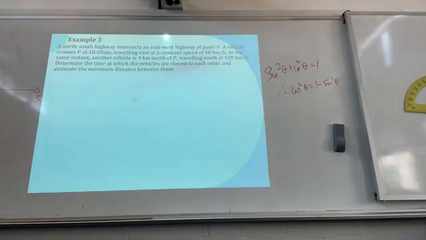So why does it say estimate the minimum distance? Because you're not getting the exact value, so estimate. A decimal is always an estimate. This one you definitely estimate to decimal places.